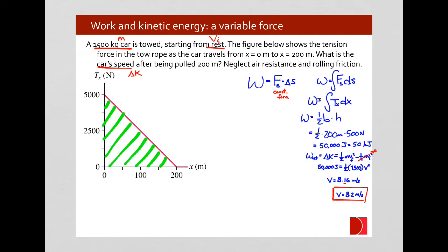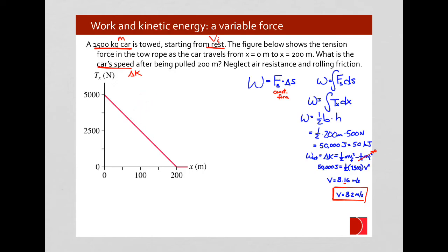Now we solved this entire problem looking geometrically at the force as a function of position, and we did our integral by finding the area under the curve, treating this as a triangle. But we can also find it directly by doing the integral. Looking at this curve, we see that it's a straight line. We see that the rise is 5,000 and the run is 2,000, or 200 I should say.